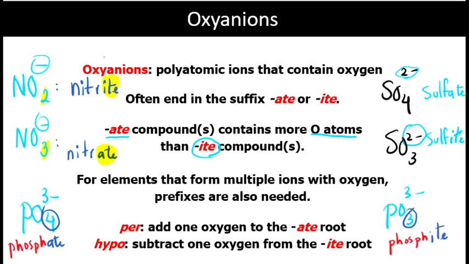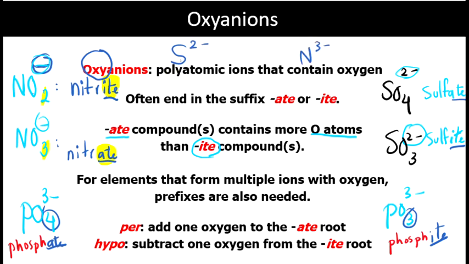Guys, whenever we have oxyanions, whenever we have oxygen in the ions with the negative charge, that is why we call it anions. Oxyanions means we have a negative charge. They end in ATE and ITE. What about S2 negative, N3 negative?